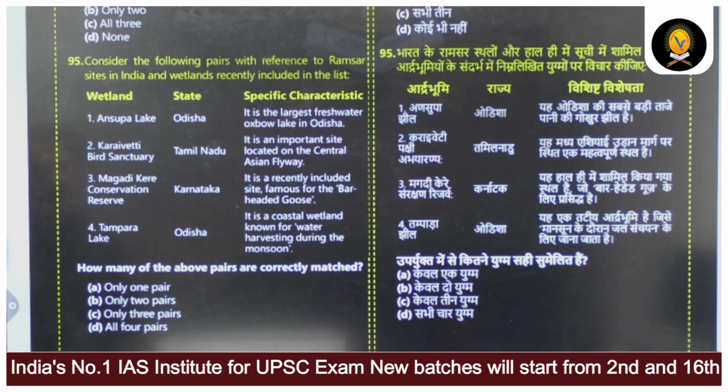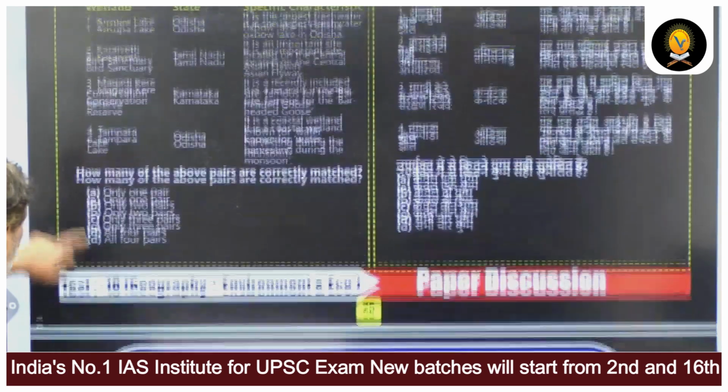Magadi Kere Conservation Reserve, Karnataka, a recently included site famous for the bar-headed goose, correct. Lamara Lake, Odisha, a coastal wetland known for water harvesting during the monsoon, correct. All these 4 are recently included Ramsar sites. All 4 pairs are correct.